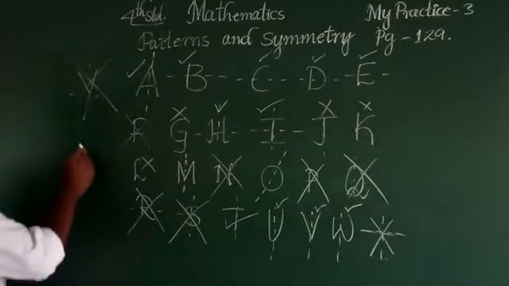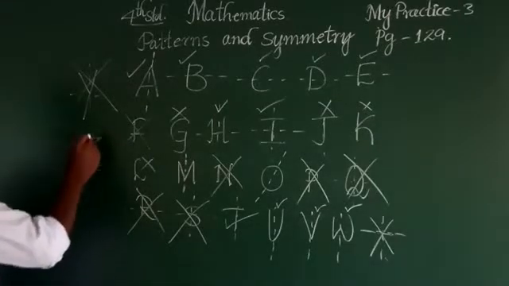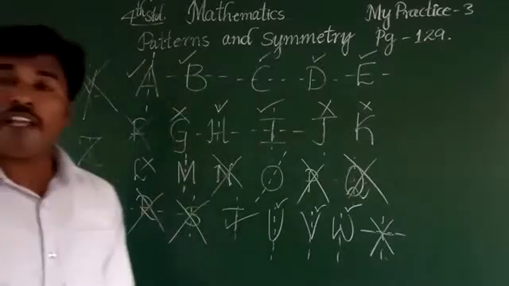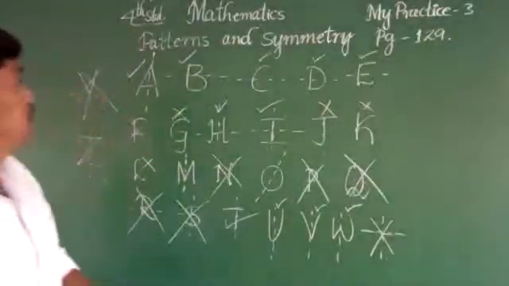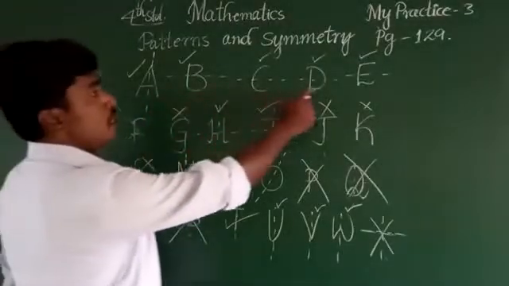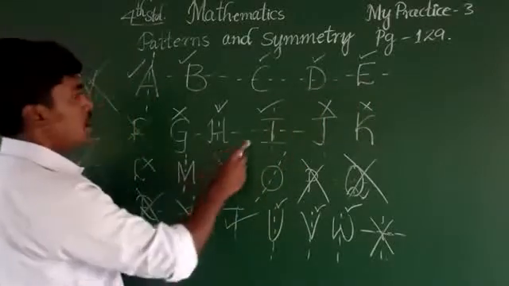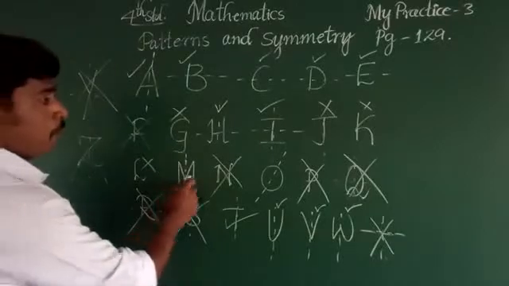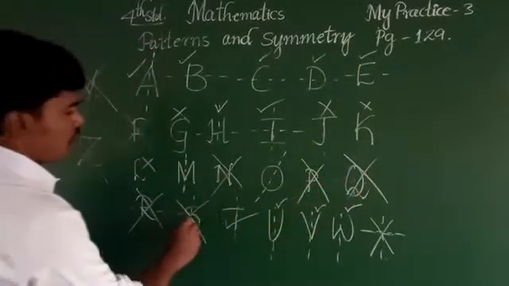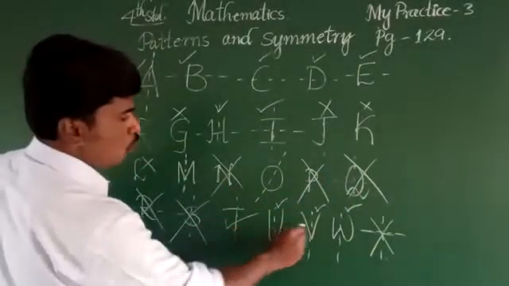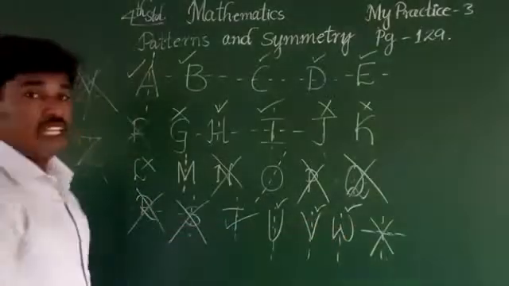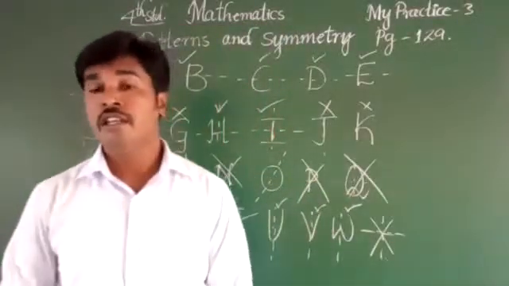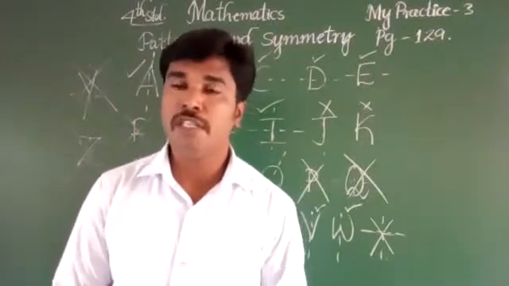Z, look here, Z also does not have any line of symmetry. Only a few letters, that is A, B, C, D, E, H, I, then M, O, then T, U, V, W, are the letters having line of symmetry. Remaining letters do not have a line of symmetry.